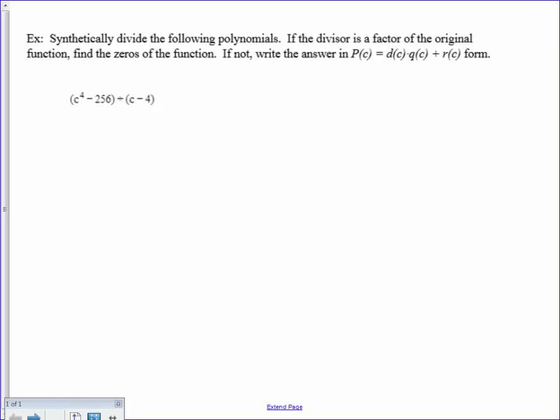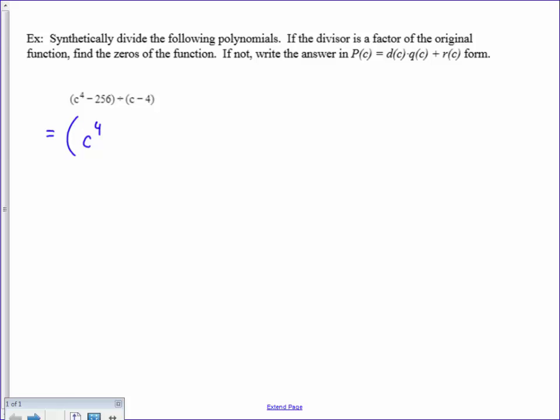In this example, we have been asked to synthetically divide c to the fourth minus 256 by c minus 4. This is a particularly ugly example because my original function, c to the fourth minus 256, has a lot of missing powers. So the first thing I want to do is rewrite this problem and include any powers I'm missing.